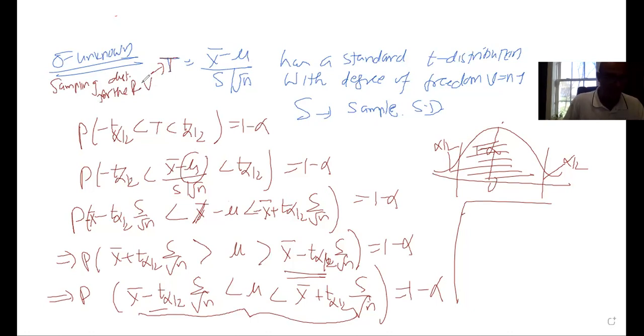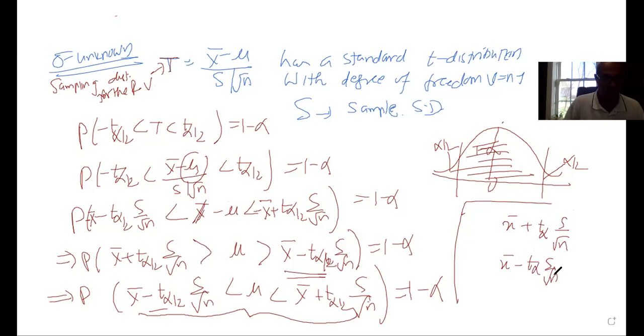Good. So if you want to compute the upper and lower limit in terms of T, the upper limit is X bar plus T alpha, not alpha by 2, because we are counting just one side, times s over square root of n. The other is X bar minus T alpha times s over square root of n.